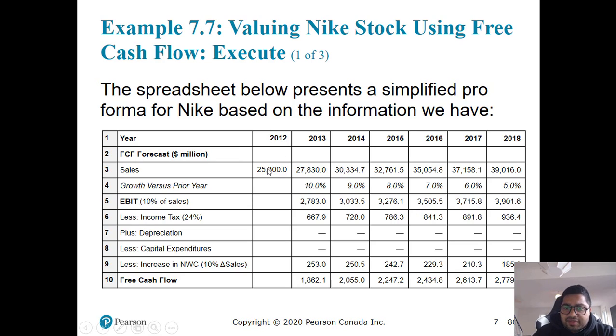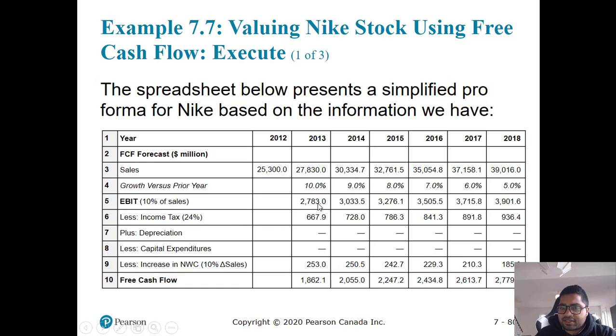So 2012 sales is given, right? Then project sales each year. Sales are growing by 10% in 2013, then 9%, 8%, 7%, 6%, 5%, and 5% from here on. Okay. EBIT is 10% of sales. You deduct taxes from it.